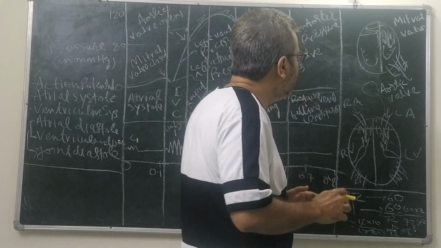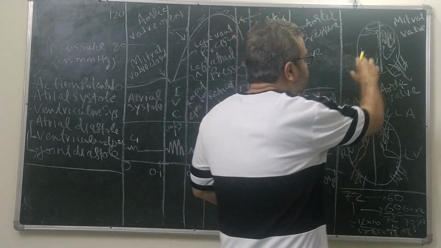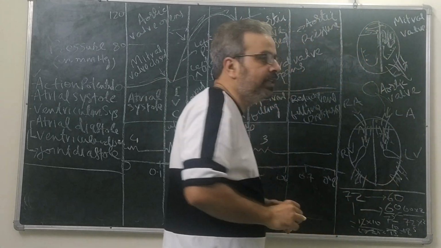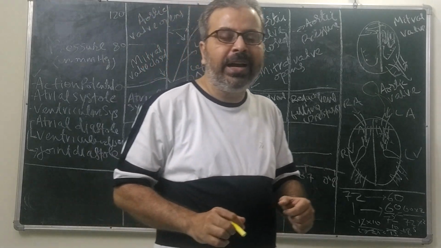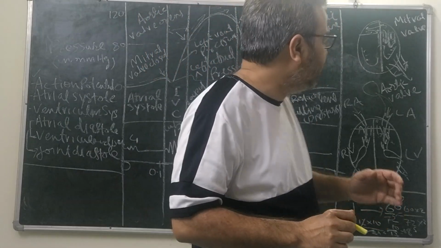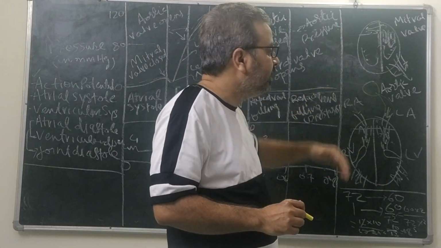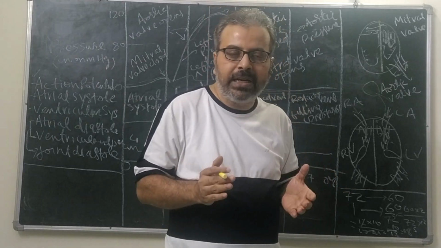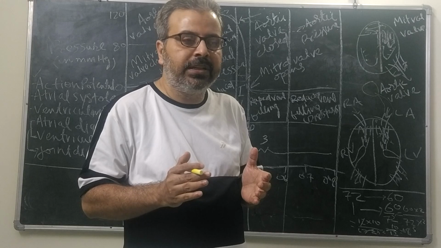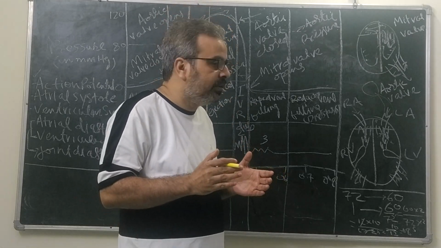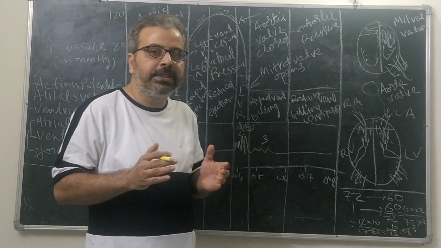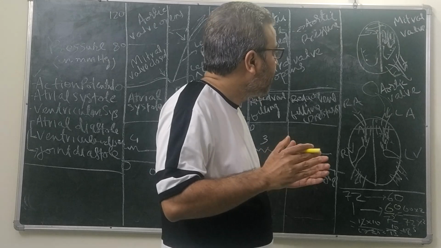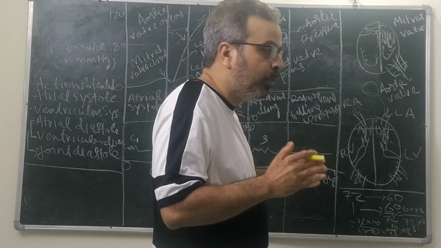One thing I want to tell you is that the human heart is actually a myogenic heart. That means the contraction of the heart is initiated by specialized heart muscle cells, called nodal musculature.